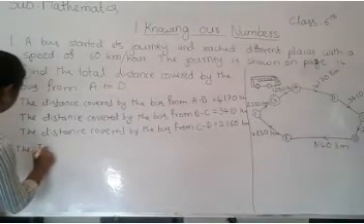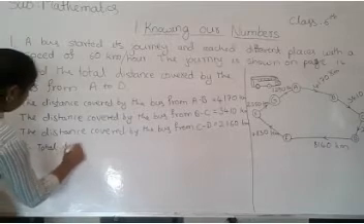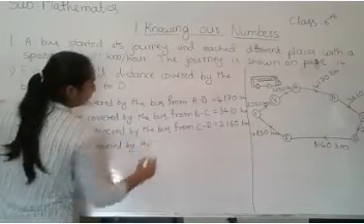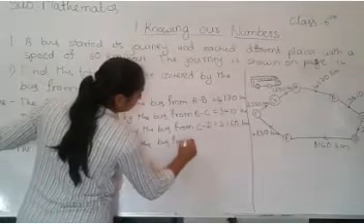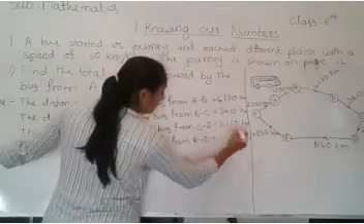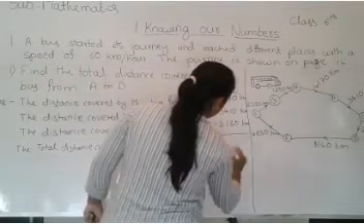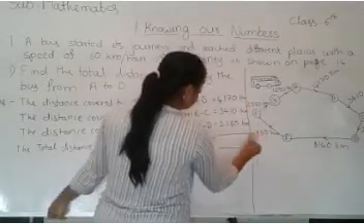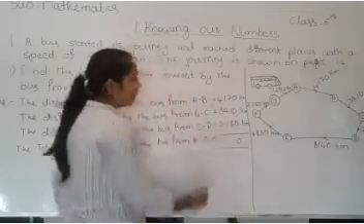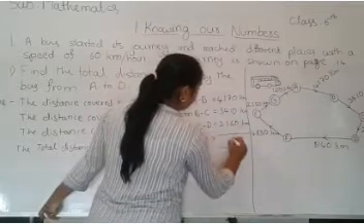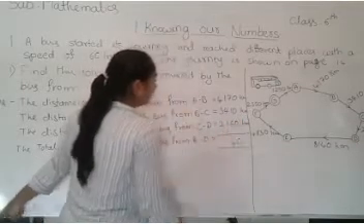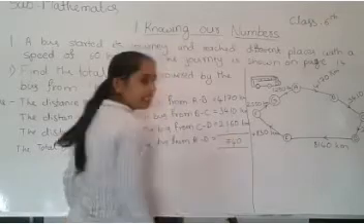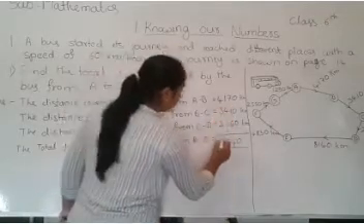The total distance covered by the bus from A to D: add these three values. 0 plus 0 plus 0 is 0. 7 plus 1 is 8, 8 plus 6 is 14, carry 1. 1 plus 4 is 5, 5 plus 1 is 6, 6 plus 1 is 7. 4 plus 3 is 7, 7 plus 2 is 9.